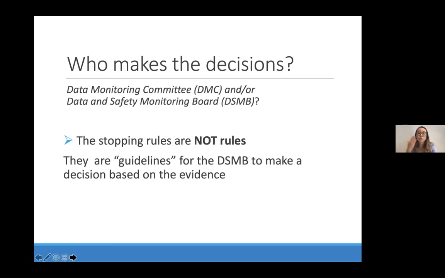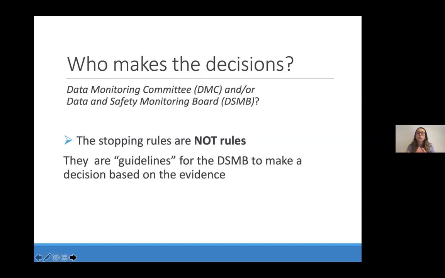It's important for us to know that when you do an interim analysis, even though you have all the design planned, the decision might not be so black and white, and it's not a decision of the PI, okay? The decision is from the data monitoring committee or the data safety monitoring board. So you would have a board with clinicians and non-clinicians that are not involved in your trial, so they don't have a personal relationship to that trial to make the decision, right?